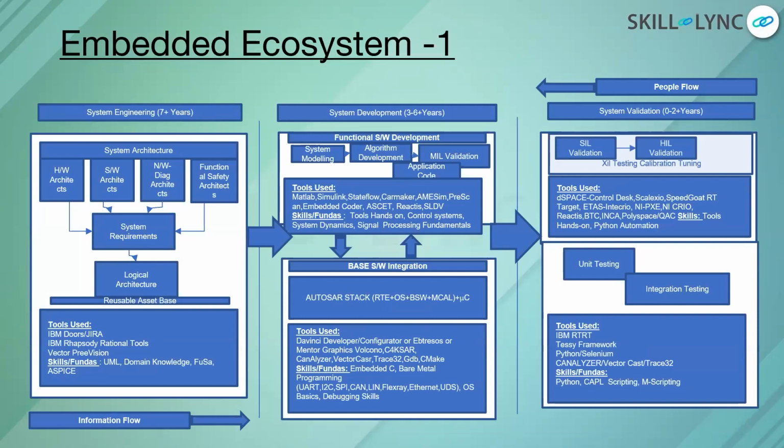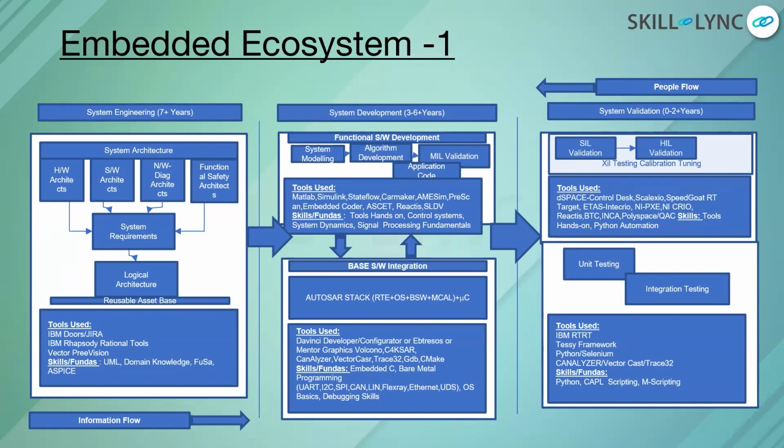So this is one of the typical embedded ecosystems that goes inside your automotive industry. In the automotive industry, we have system engineering, system development, and system validation. People generally grow up this ladder in this direction.